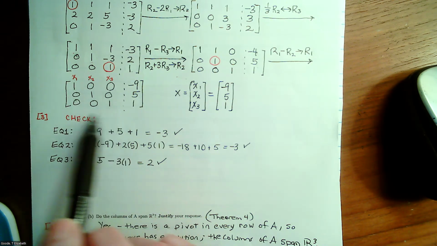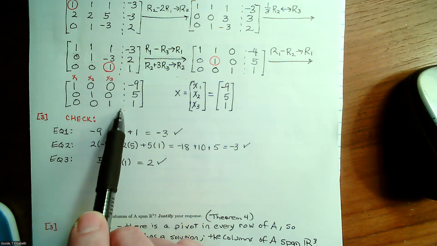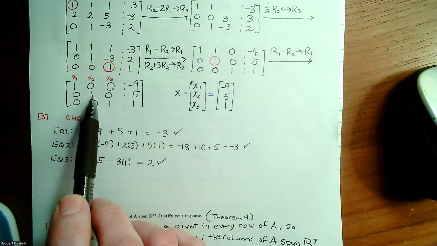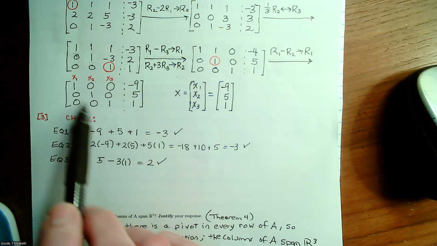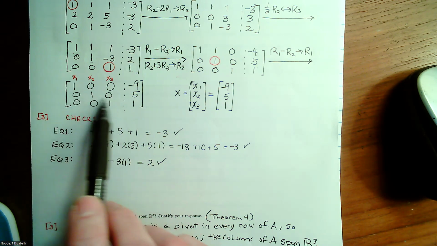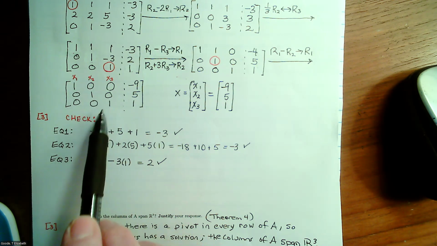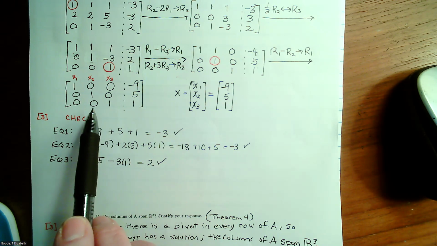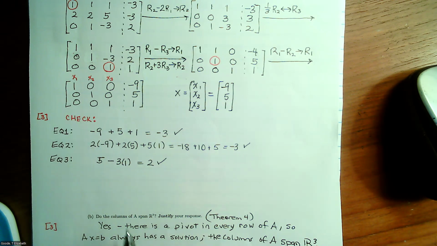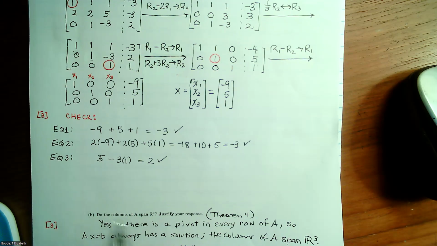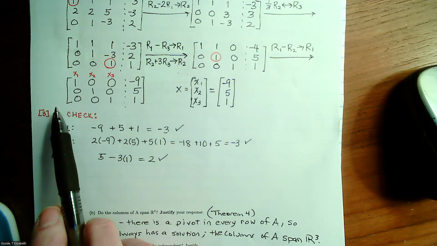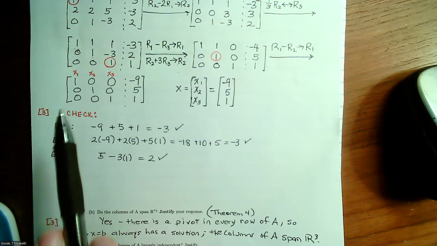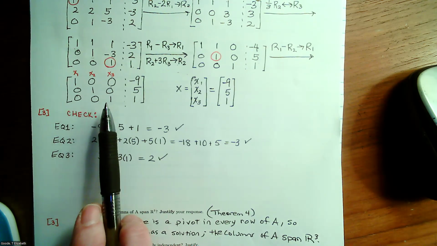Whenever a square matrix reduces to the identity, it means we have a pivot in every row and every column. So having a pivot in every row means AX equal B always has a solution. Asking do the columns of A span R3 is just another way of asking if AX equal B always has a solution for B in R3.